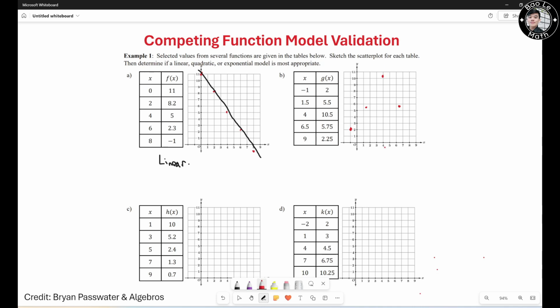And the last one, (9, 2.25), so it's right here. And you see that it looks like a U shape. It looks something like this. So this is quadratic.